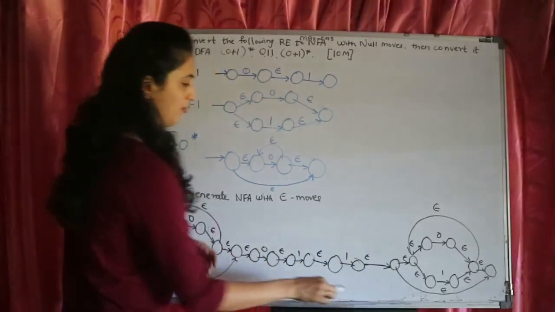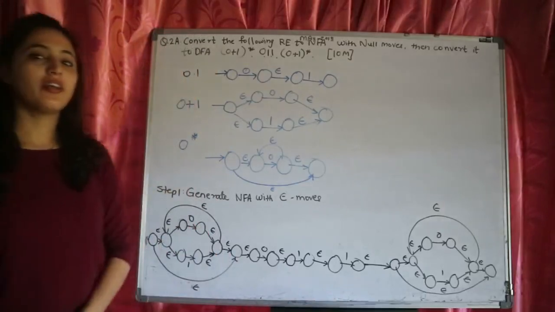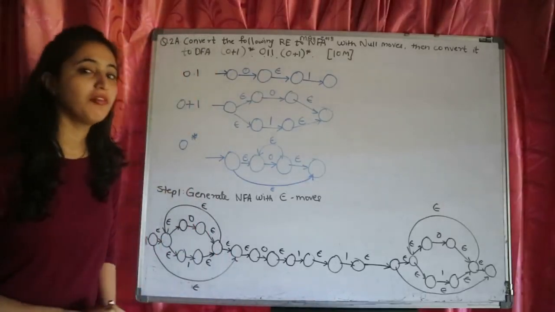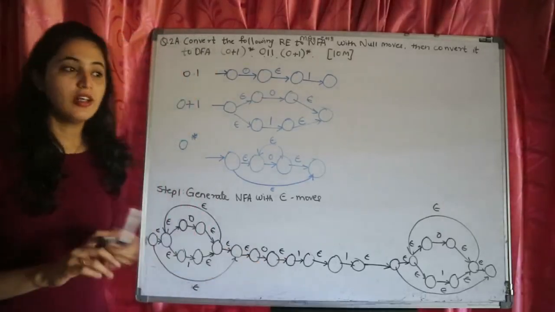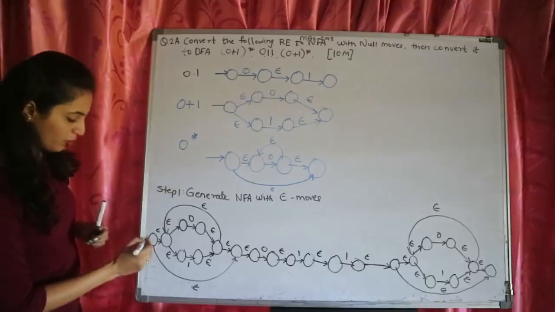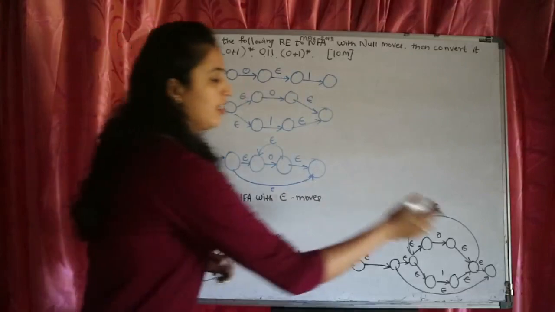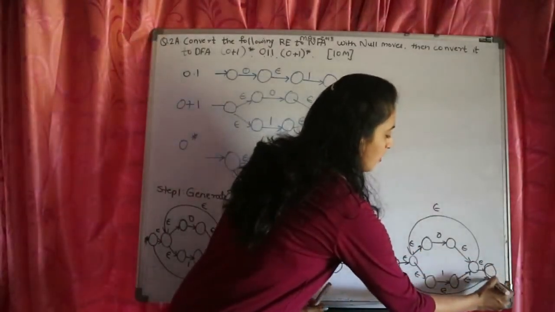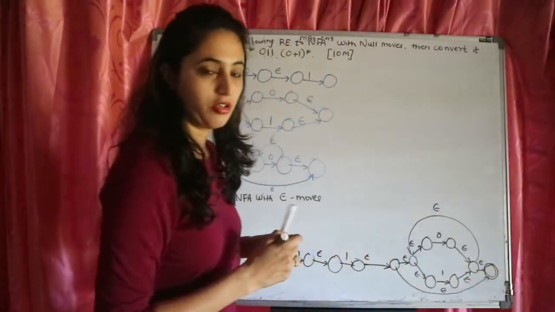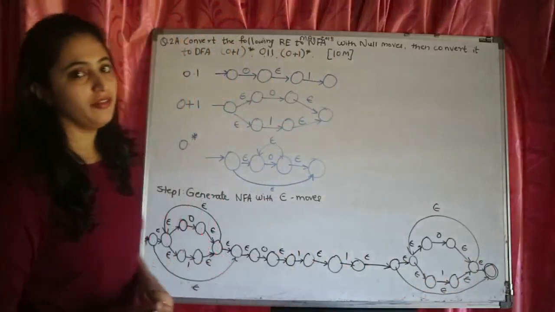Now in this diagram, after completing the entire NFA, we need to show what is the start state and final state. So the one from which we started should be the start state. So I will show this one as a start state, and the last one where I stopped, I'll show this one as a final state. Now I have to do numbering for the states.